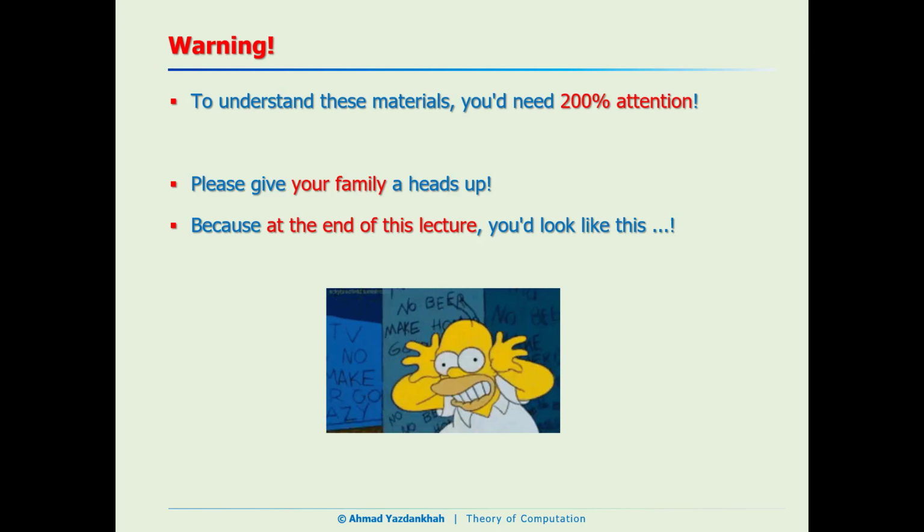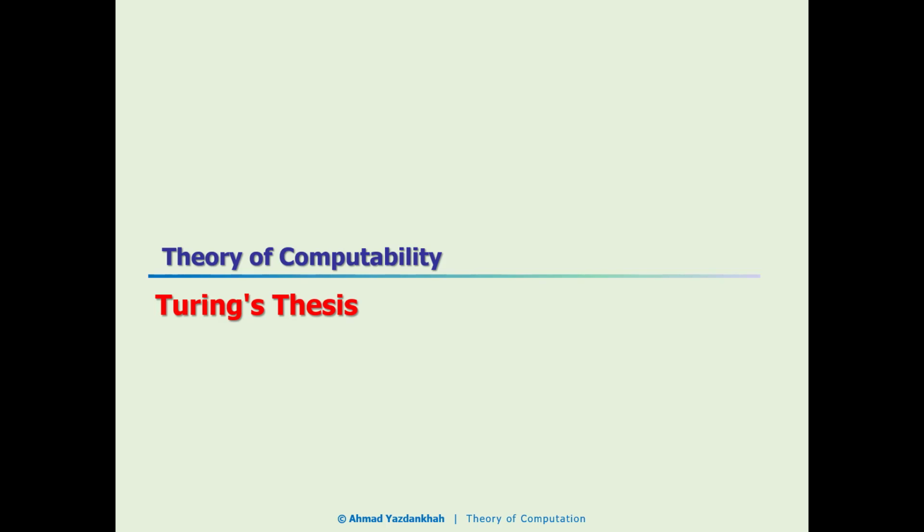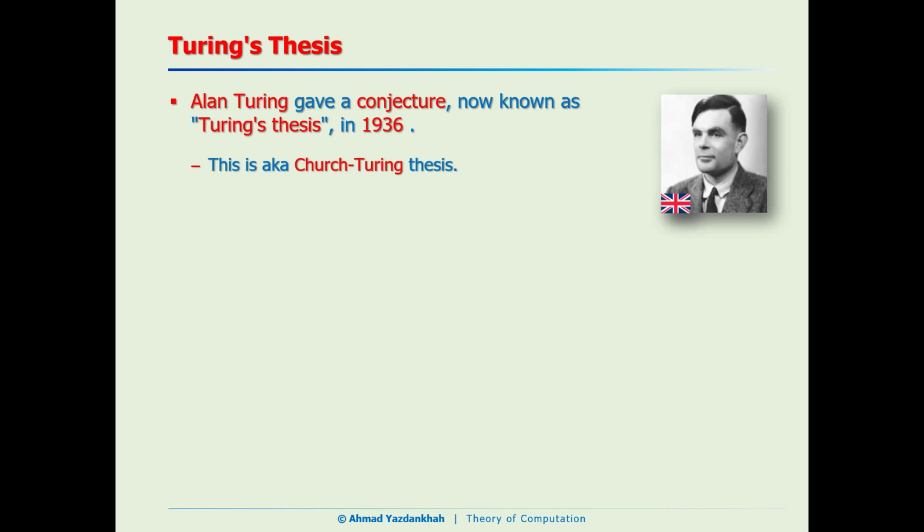Just joking. Yeah. In this section, I want to introduce a thesis called Turing Thesis. Alan Turing in 1936 gave a conjecture that is known as Turing Thesis. Actually, it is also known as the Church Turing Thesis, but definitely we would prefer to call it Turing Thesis.